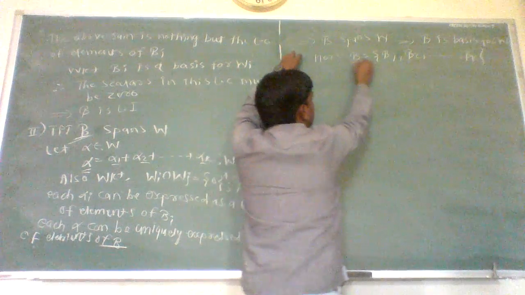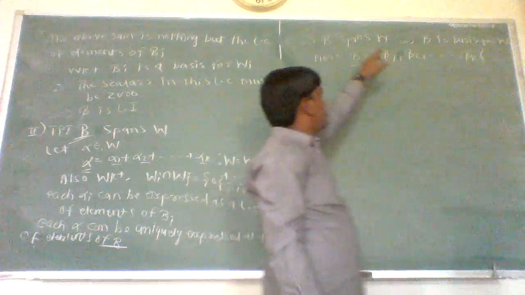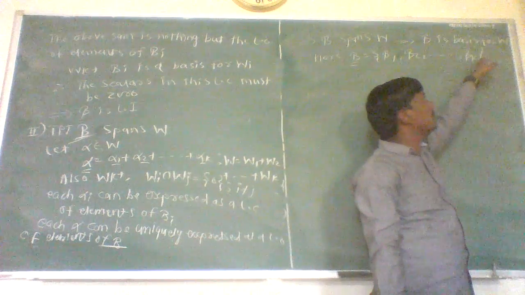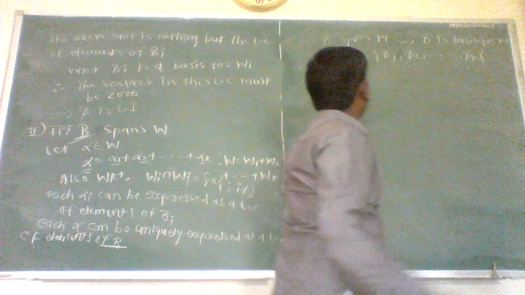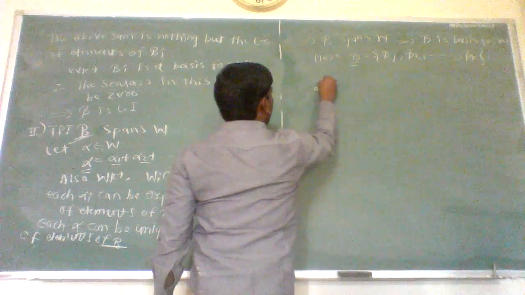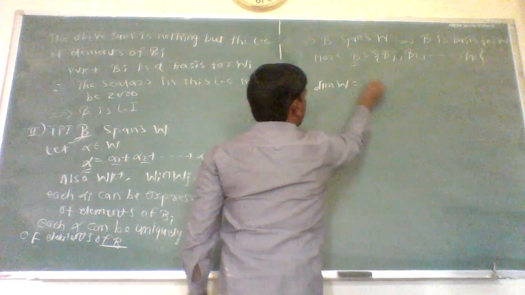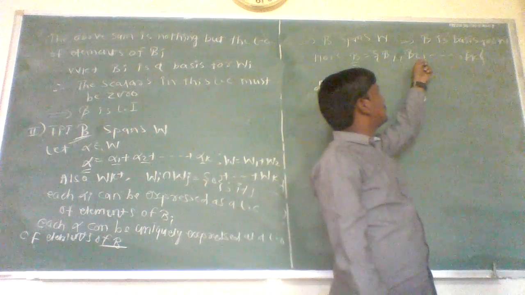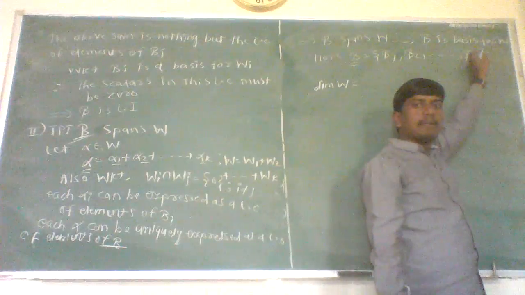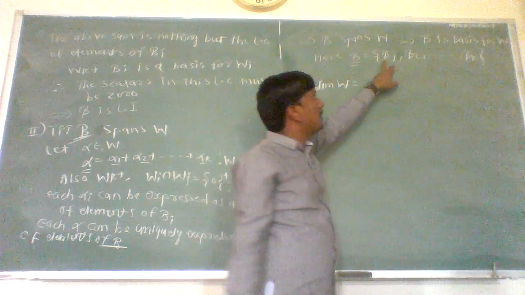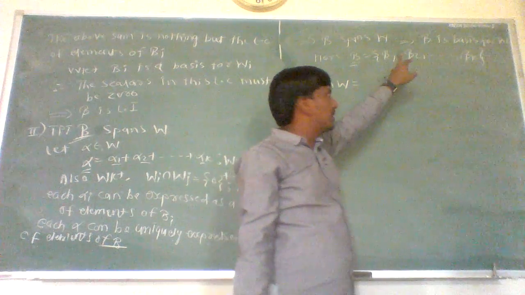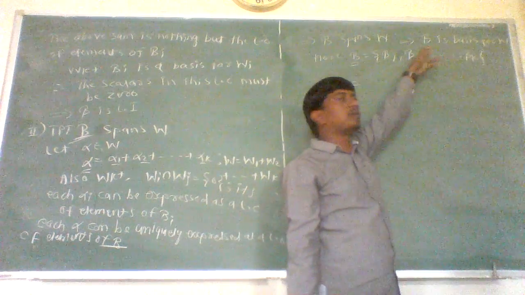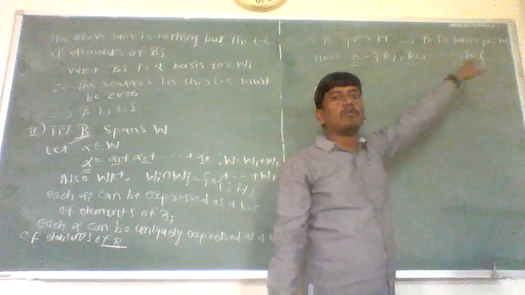Now dimension of this W is nothing but the number of elements in its basis, and the number of elements in this basis is nothing but the number of elements in basis B1 plus number of elements in basis B2 plus up to so on number of elements in basis Bk. Number of elements in B1 is nothing but the dimension of W1. Number of elements in B2 is nothing but dimension of W2, since B2 is the basis for W2.